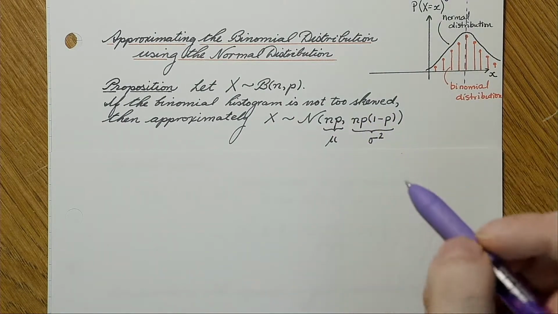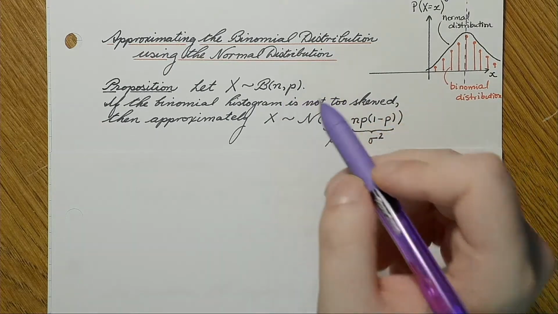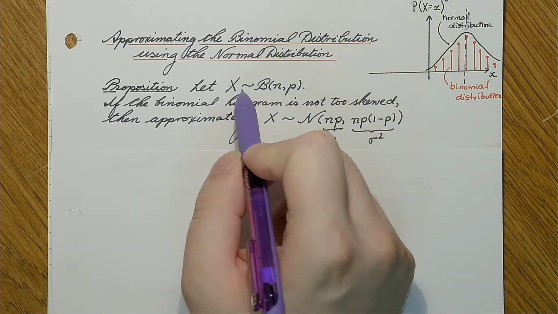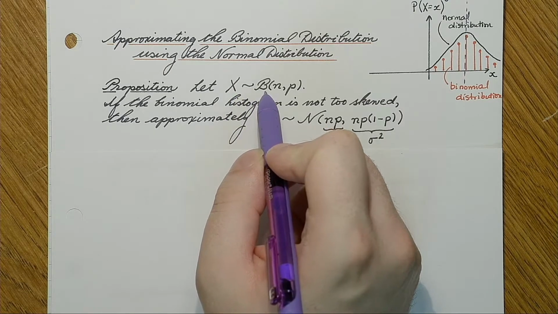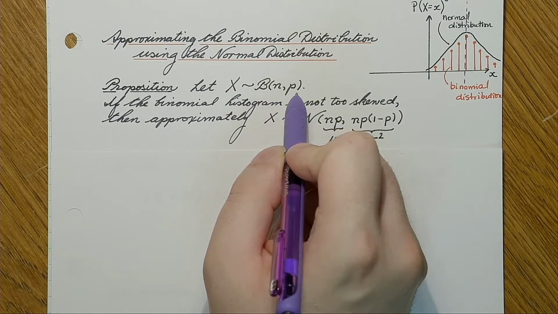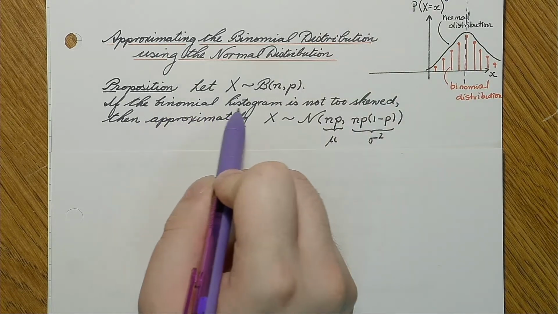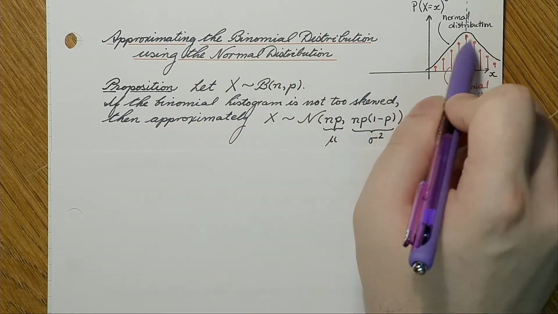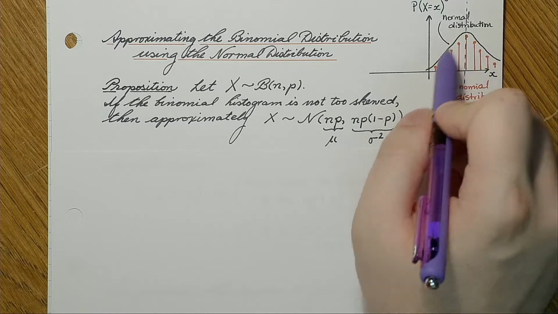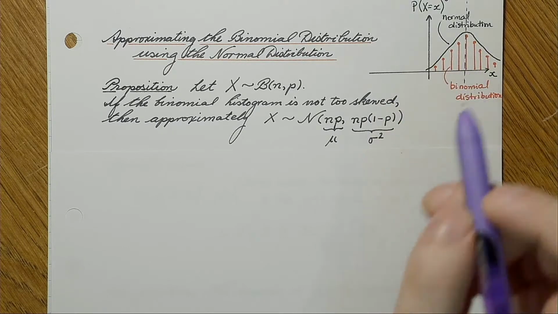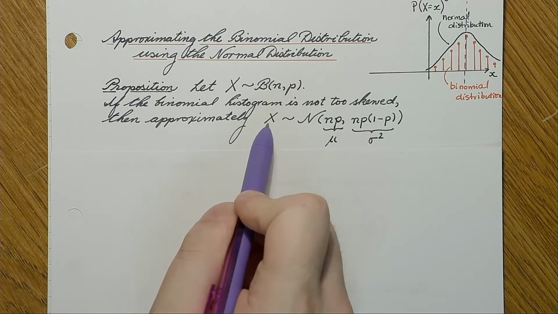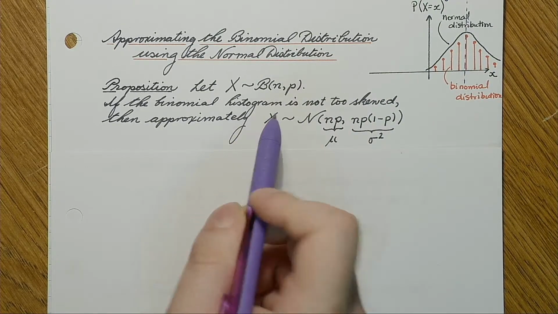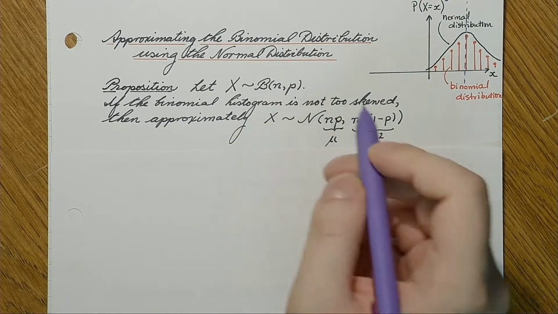So here's the proposition. If you have a random variable, call it x, and it's binomially distributed with the parameters n and p, again, if the binomial histogram, or your graph of the PMF, is not too skewed, then you can approximate this random variable using a normal distribution.